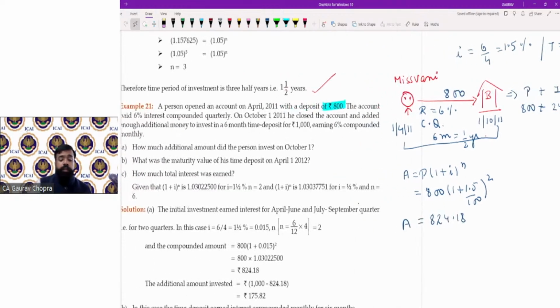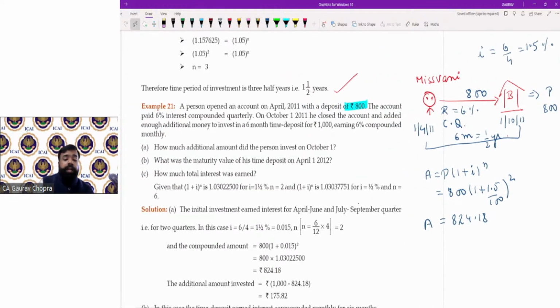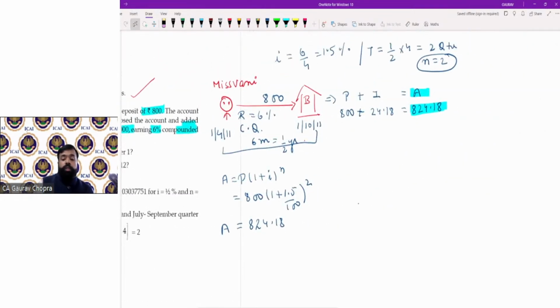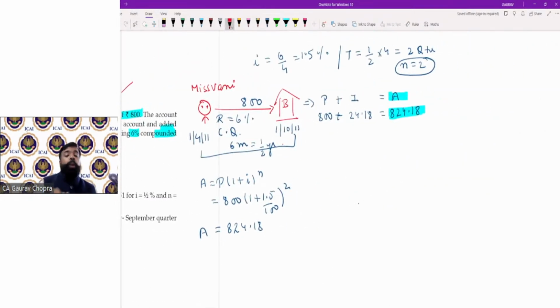The question is saying she has added enough money to invest in a 6 months time deposit. Now she has to invest for 6 months again, but she wants to invest rupees 1,000, earning 6% and compounding is done on a monthly basis. So now this 824 is available with Vani, but she has to invest 1,000. How much additional amount is required?